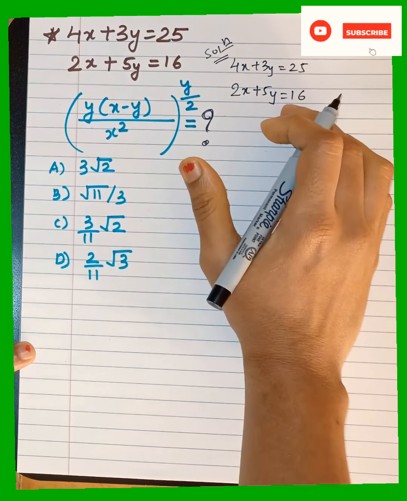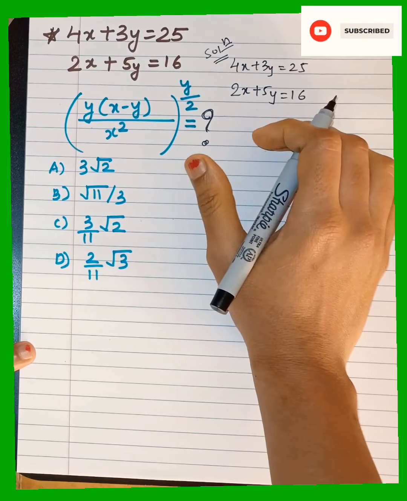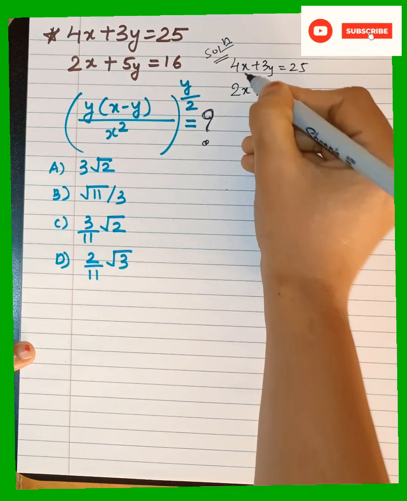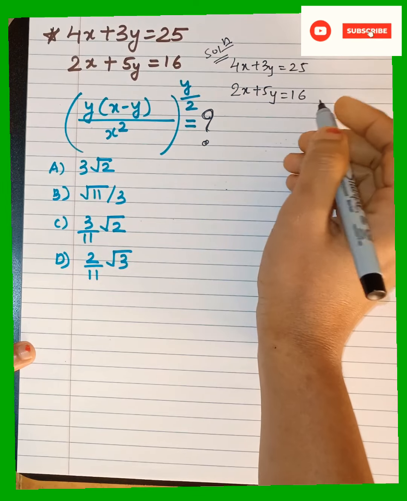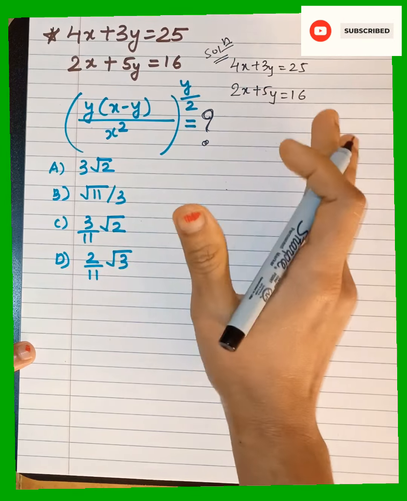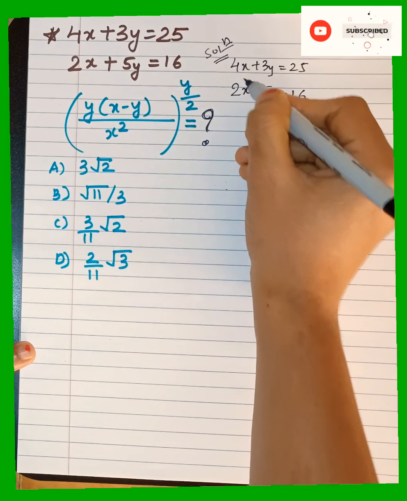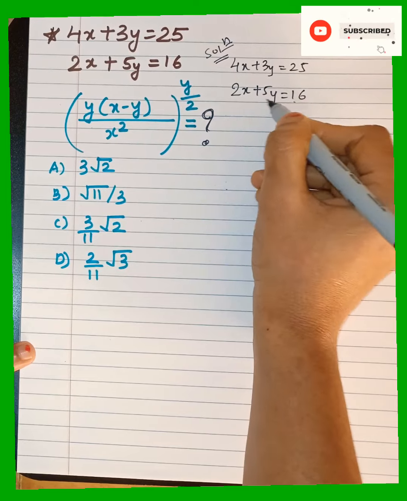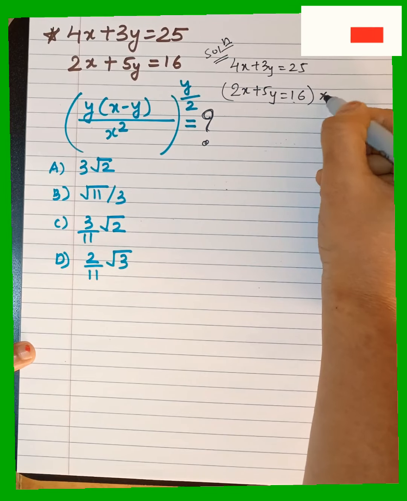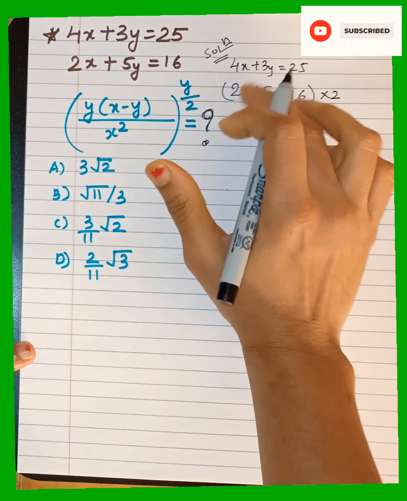Now we can eliminate. So first of all, we need to make the coefficient of either x or y the same. We need to make the coefficient of any one variable same. Here 4x is given and here 2x is given. So if I multiply this whole equation by 2, I can get this coefficient equal.